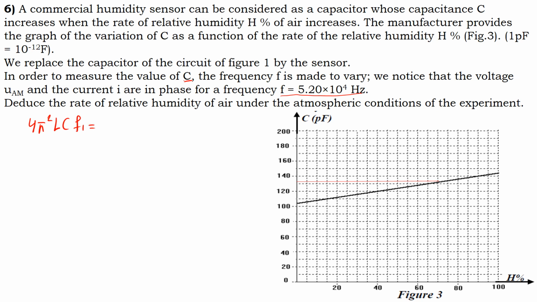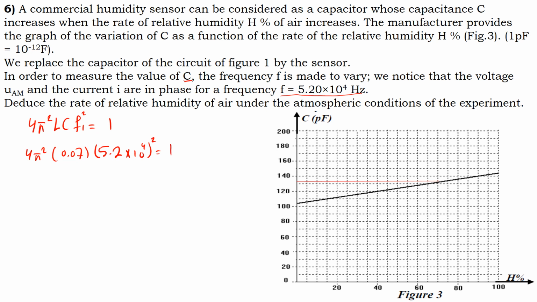In the previous part we found that the relation was 4 pi squared L C F1 squared is equal to 1. So we said this is the relation between L, C, and F1. Let's replace 4 pi squared, L is 0.07, and F1 we replace with the given value for the frequency, which is 5.2 times 10 to the power of 4 hertz, squared, is equal to 1.